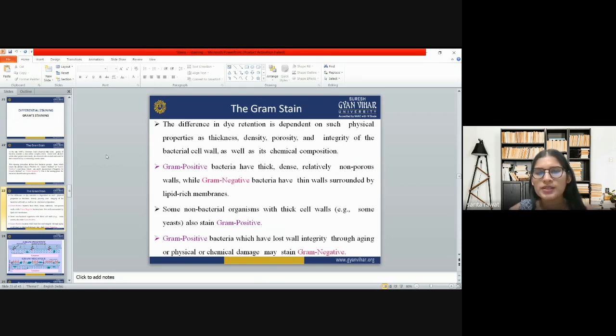Gram-positive bacteria have thick, dense, relatively non-porous walls, while gram-negative bacteria have thin walls surrounded by lipid-rich membranes. Some non-bacterial organisms with thick cell walls, for example some yeast, also stain gram-positive. Gram-positive bacteria which have lost wall integrity through aging or physical or chemical damage may stain gram-negative.